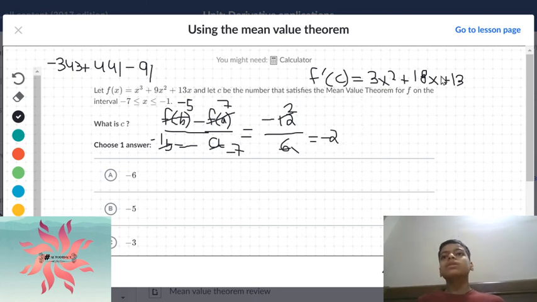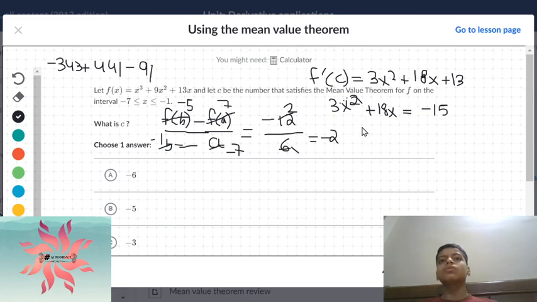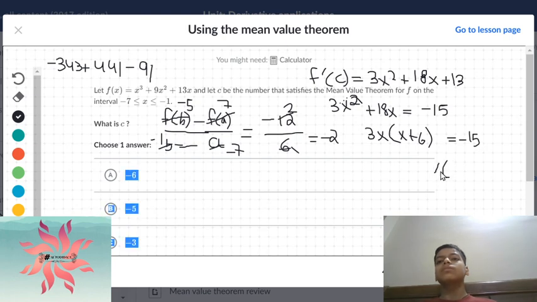So we have to make this equal to negative 2. 3x squared plus 18x is equal to negative 2 minus 13, which is negative 15. Take out 3x from both sides. 3x times x plus 6 is equal to negative 15. We get x times x plus 6 is equal to negative 5.